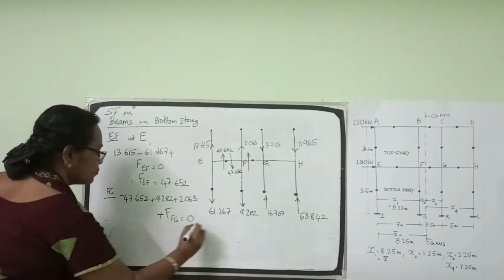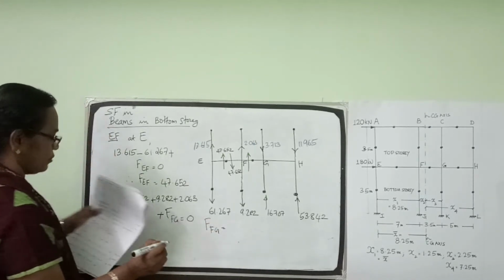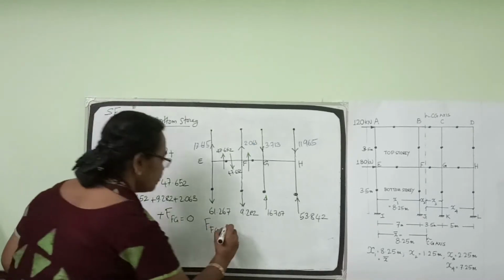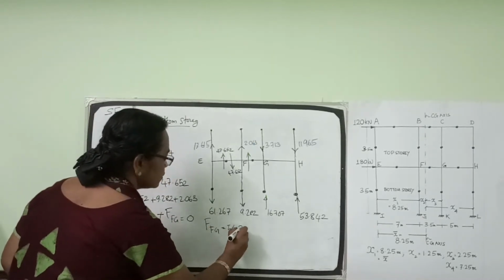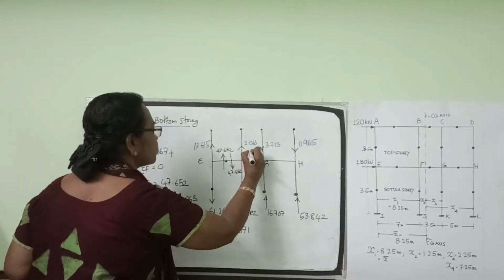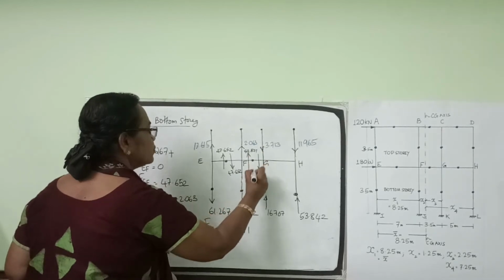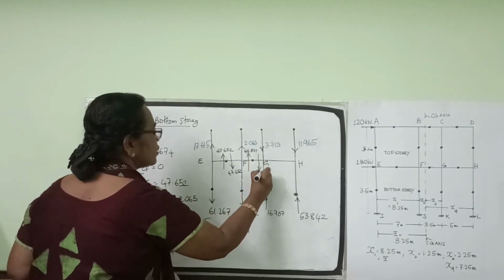From that we get shear force in FG is equal to 54.871. So we get this downwards 54.871.